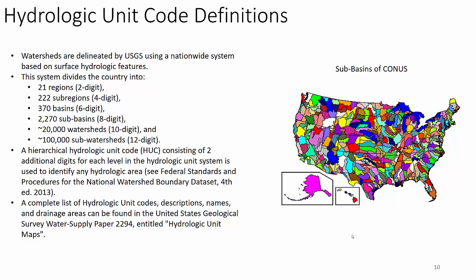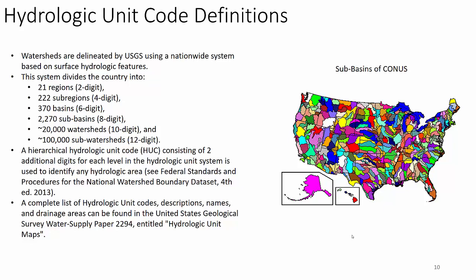Watersheds are delineated by the United States Geological Survey using a nationwide system based on surface hydrologic features, predominantly topographic features. The system divides the country into 21 regions, those 2 digits you just saw, the major drainage basins. And then within each of those, if you add 2 more digits, you can have up to 99 subregions. We don't have 99 subregions in every 2-digit area, because they're divided up based upon geography, not just on equal area.